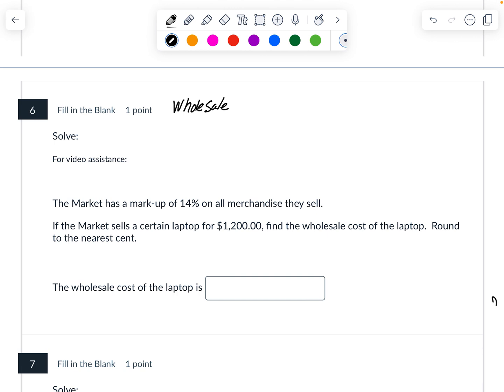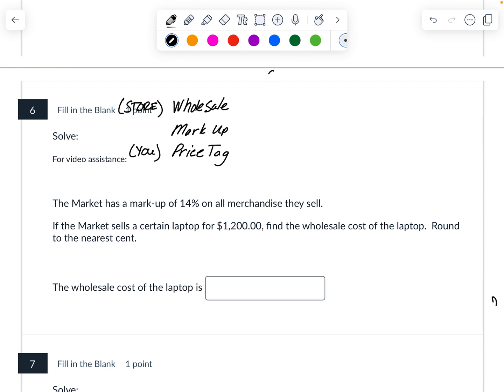That's the store. Then the store is going to mark it up. They're going to raise the price so that they can make money. And then they're going to have a price tag on the item, and that's what they're going to sell it to you for. So if you think about this as being the store, and this is you, the consumer, think about it in those terms.